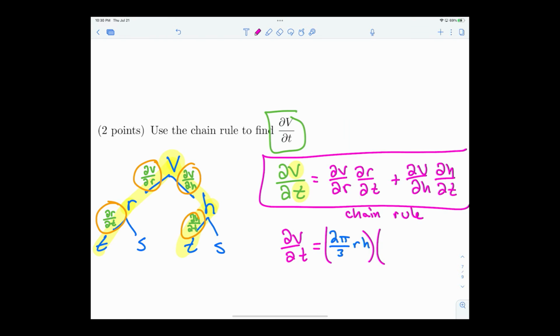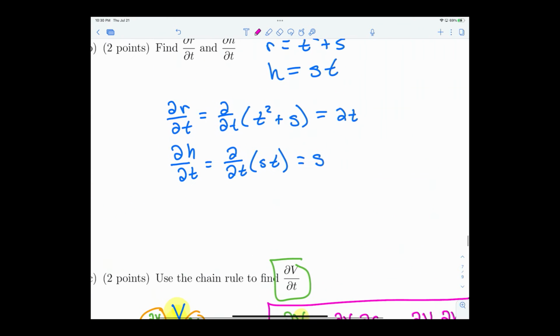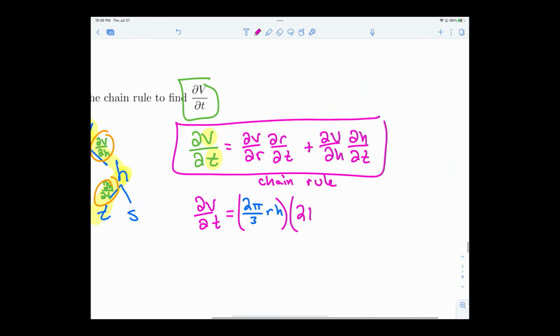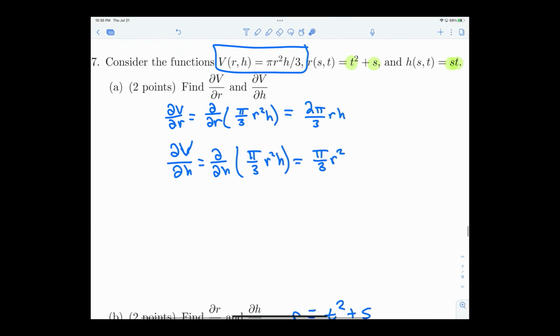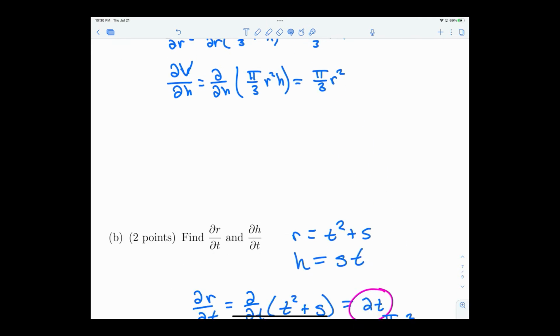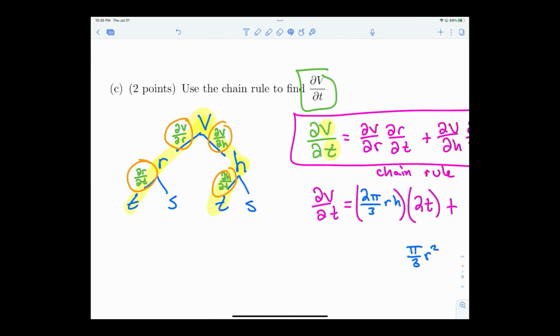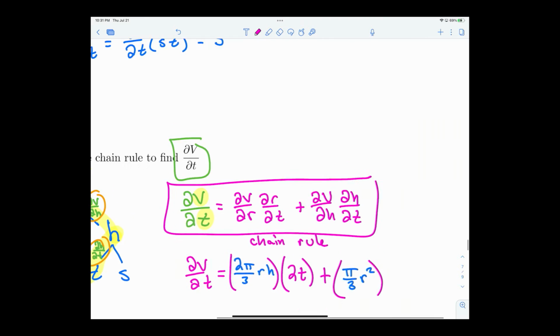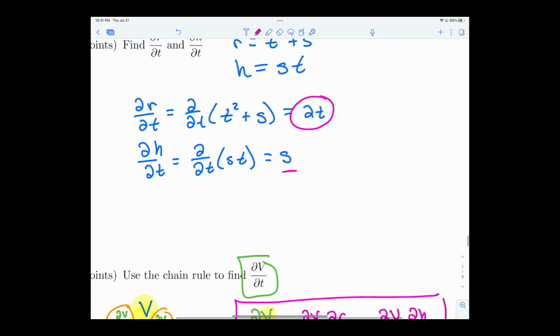And then you need dr/dt, which we also have. It's right here. I'll just write it, 2t. And then we have dV/dh, which is up here. So there's the dV/dh, and then you have dH/dt, which I can see is just S.